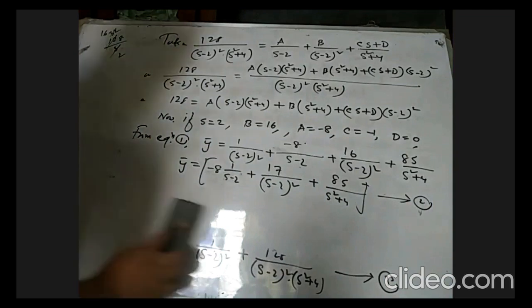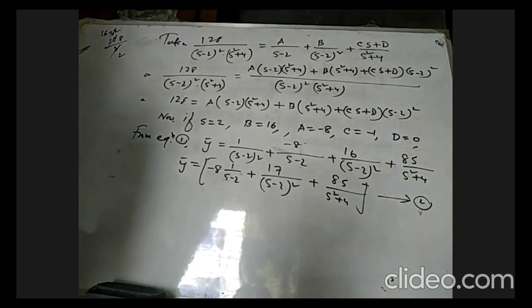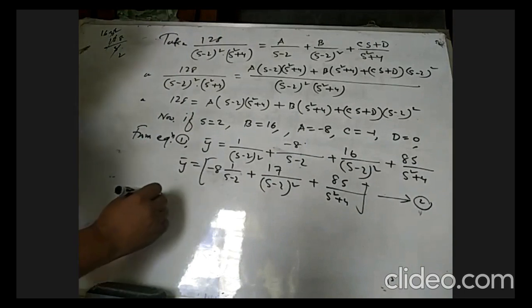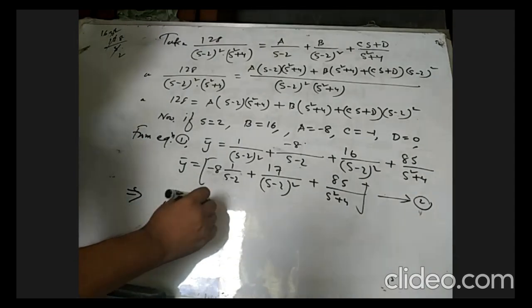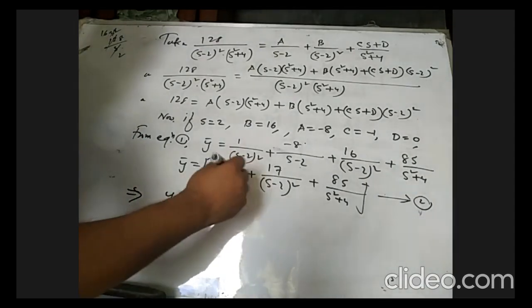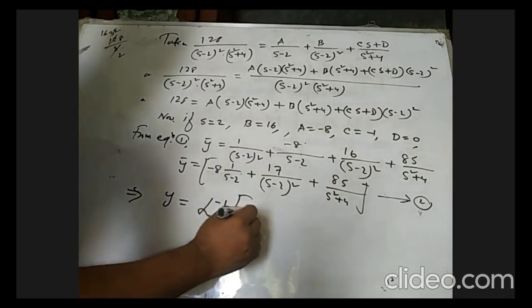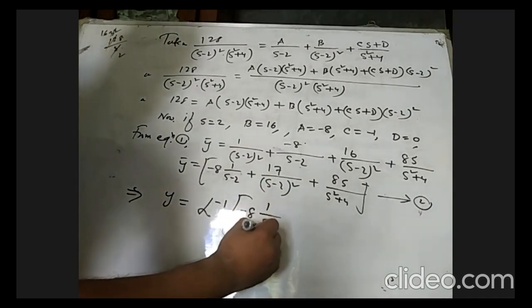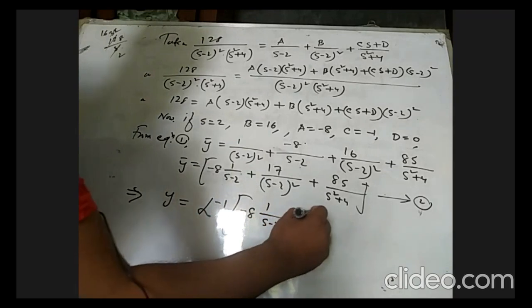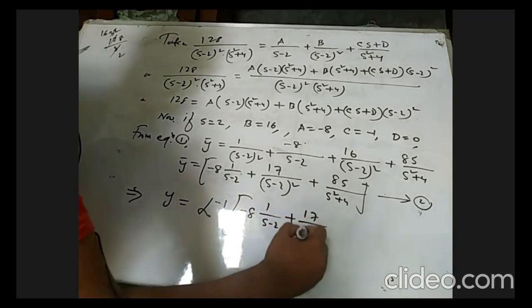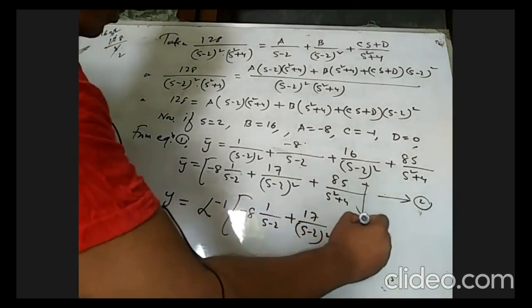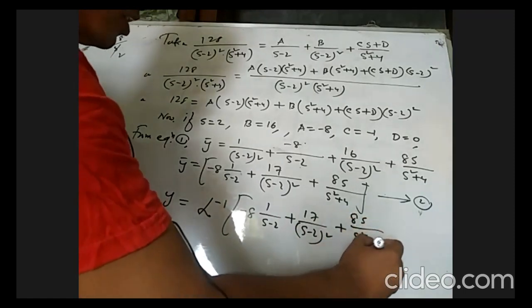Now we will find out the inverse Laplace transformation of this equation 2. So y equals inverse Laplace transformation of this: 17 by (s minus 2) whole square, minus 8 by (s minus 2), plus 8s divided by s square plus 4.